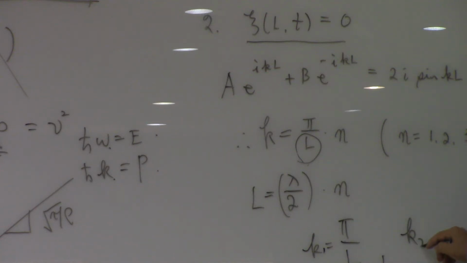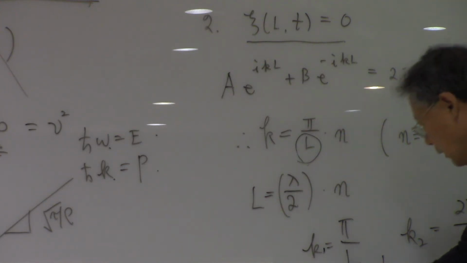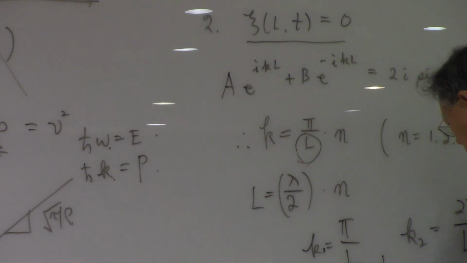And then k2 is going to be 2 pi over L. Something like this. So the delta k in between is k2 minus k1, and that is going to be pi over L.